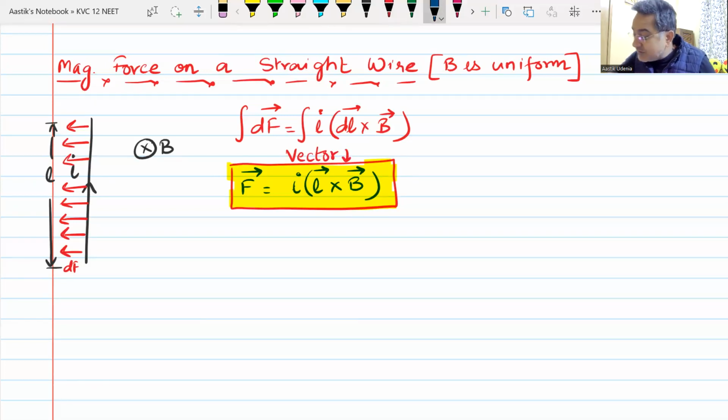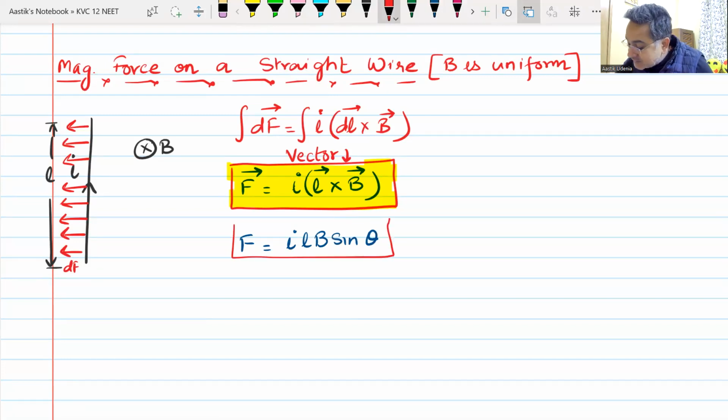So there has to be a scalar formula. In scalar form, F becomes I into L into B into sin theta. Where, what is sin theta? Everyone understands what sin theta is.